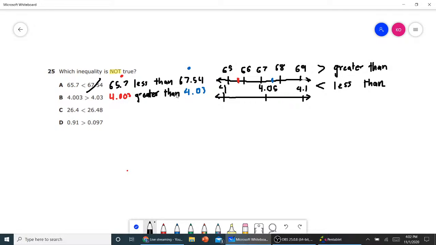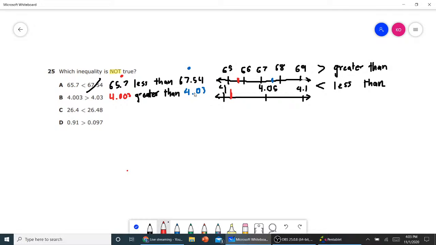And then what you would do is you would try to see, is 4.003 greater than 4.05, and you have to be careful about the decimals, okay? The farther these numbers are from the decimal, the less value it has. So once again, we have to see, is this 4.003 less than 4.05? And yeah, the red number is less. And remember, this is actually closer to 4.01, so it would be about right here.